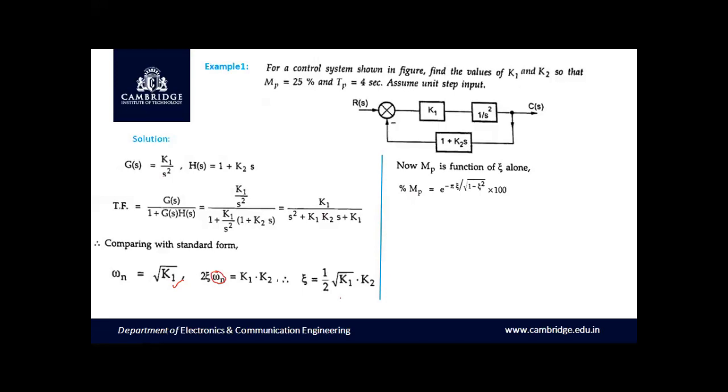If you want to calculate MP in percentage, you have to multiply it by 100. In the question, MP is given as 25%. Therefore, 25 equal to e to the power of minus pi zeta divided by square root of 1 minus zeta square into 100. Dividing by 100, I get 0.25, which is equal to e to the power of minus pi zeta divided by square root of 1 minus zeta square.